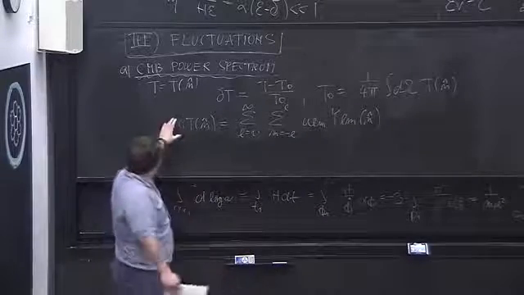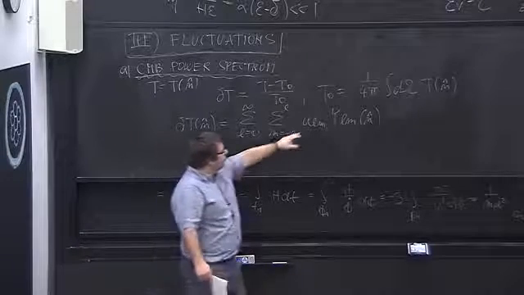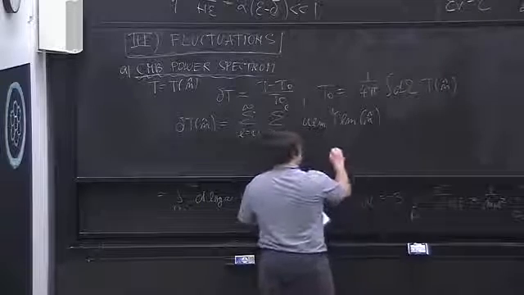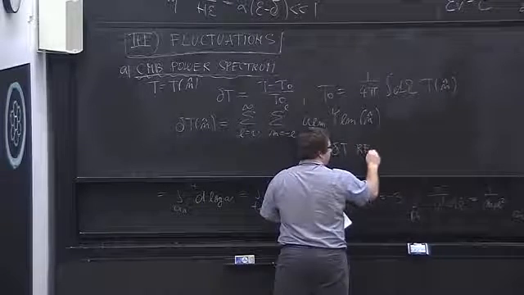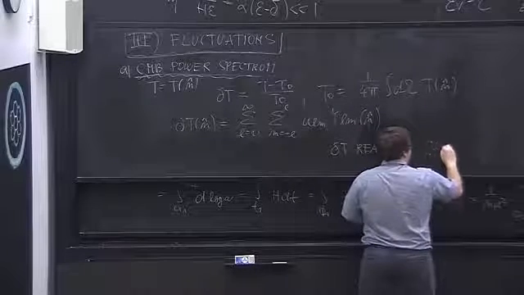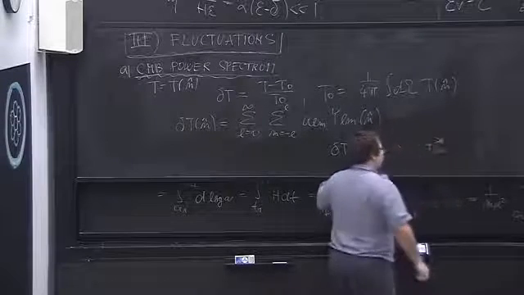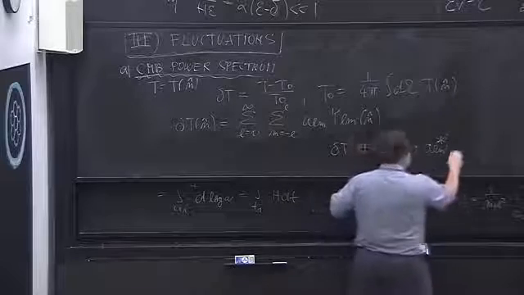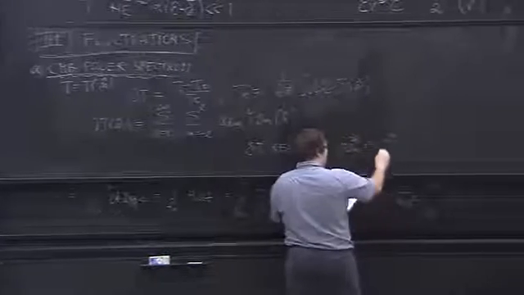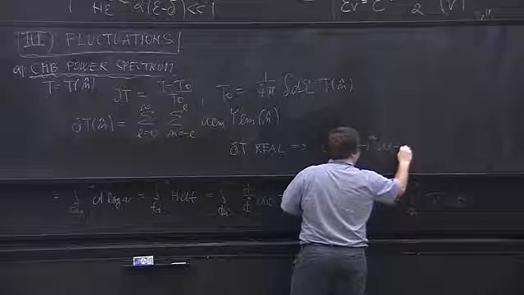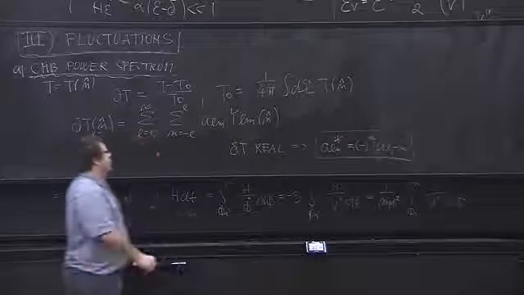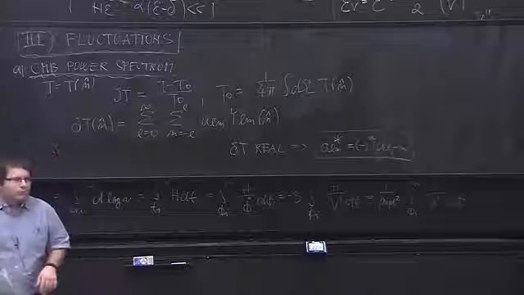Imposing reality on delta T means that the coefficients of the expansion have to satisfy reality conditions. So a_lm complex conjugate has to be equal to (-1) to the power m times a_l,-m. Everybody can believe that.